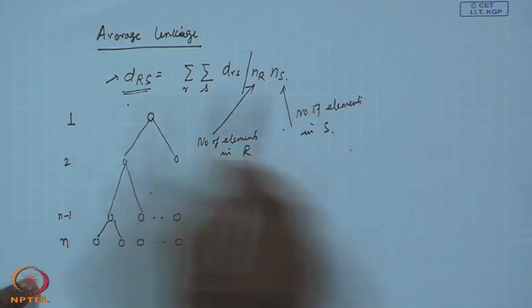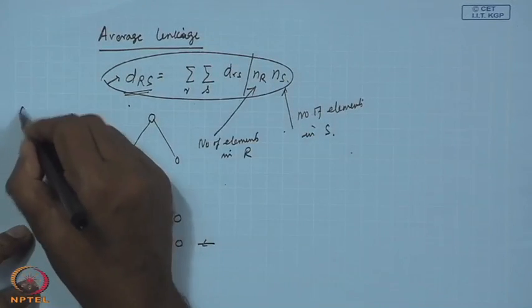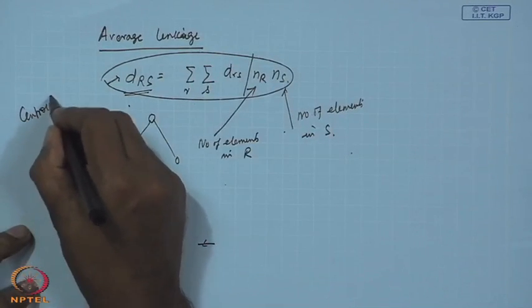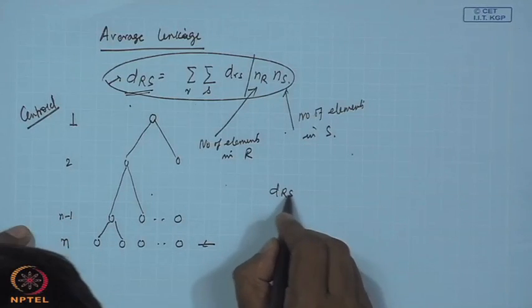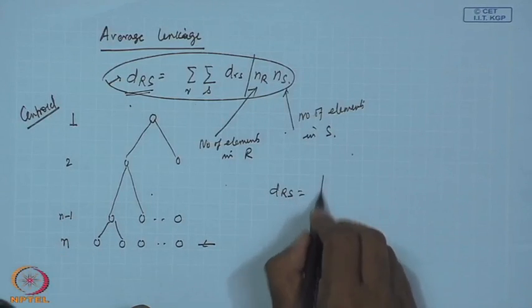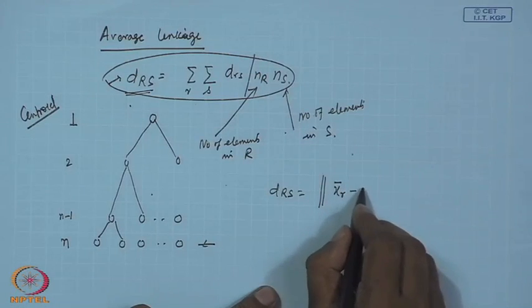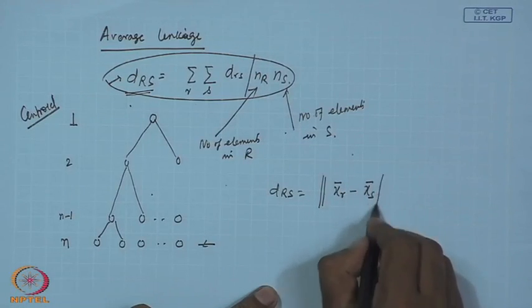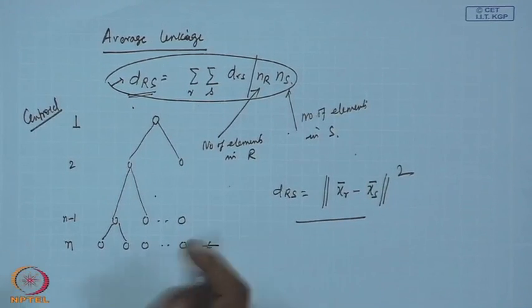No, not this one, this is your average, we are talking about the centroid one. In the centroid case we are saying this is S square. Okay.